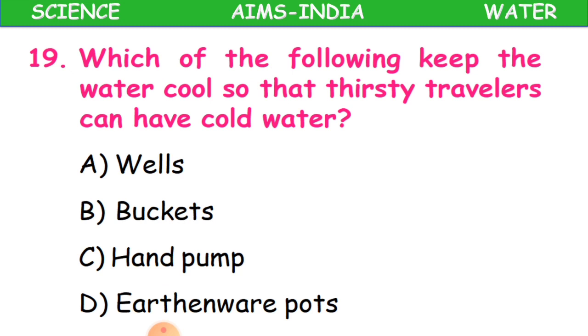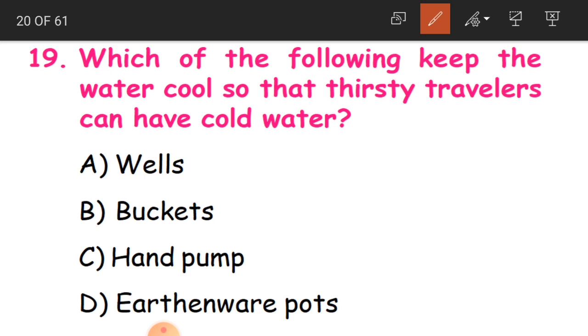Which of the following keeps the water cool so that thirsty travelers can have cold water? See children, especially in summers, you can see these water camps on the roads. They keep some water so that the passengers who pass through can have water when they are thirsty.